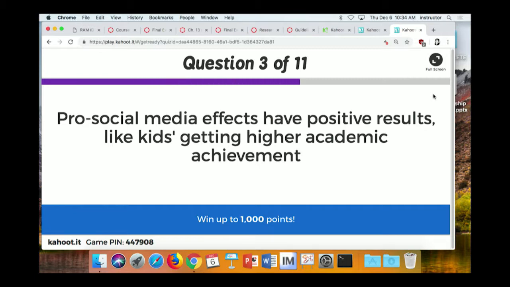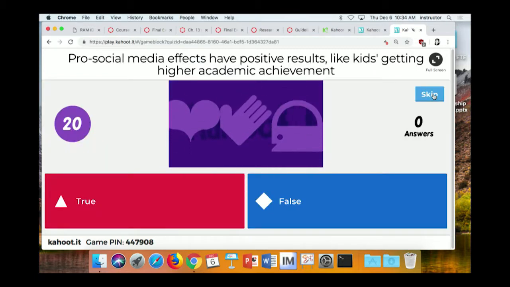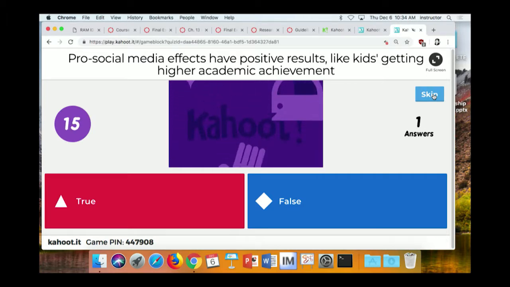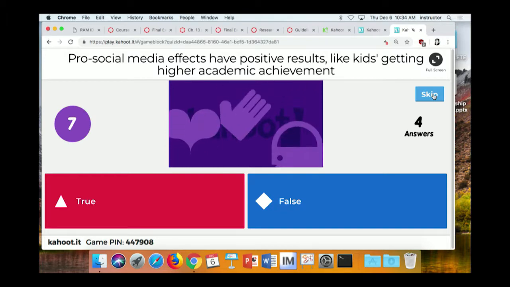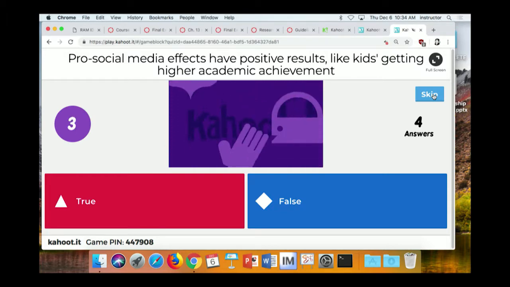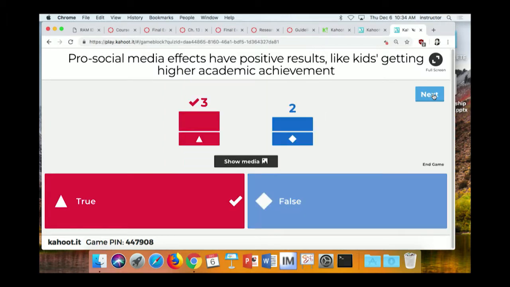So next one, pro-social media effects have positive results, like kids getting higher academic achievement after they've, for instance, watched educational TV or something like that. Is that true or false? Oh, okay, well, it was true.